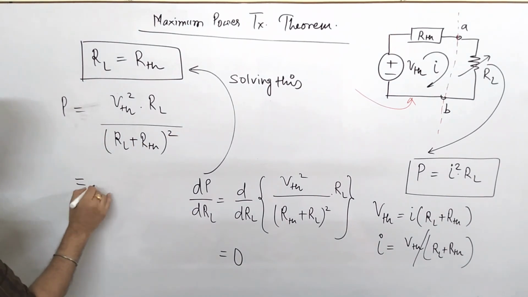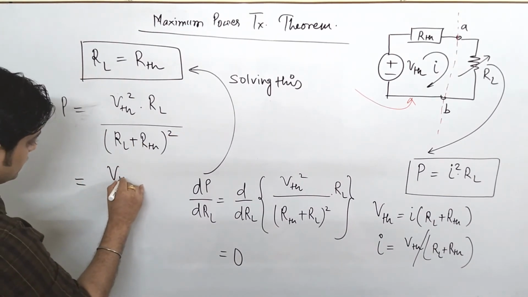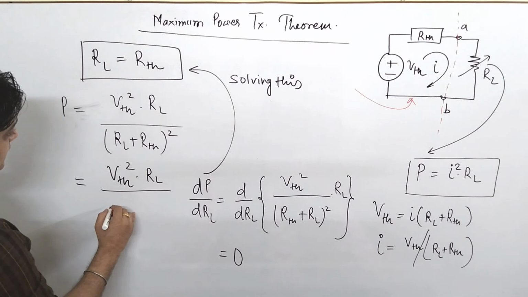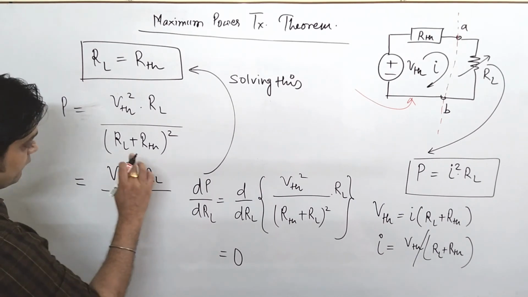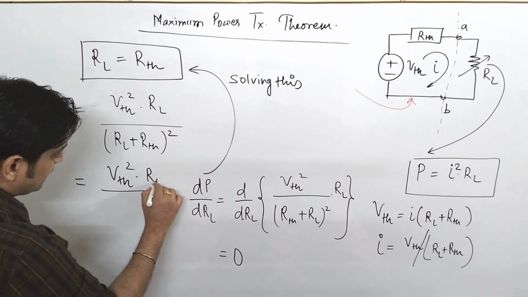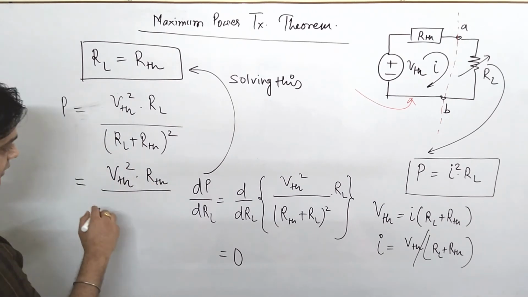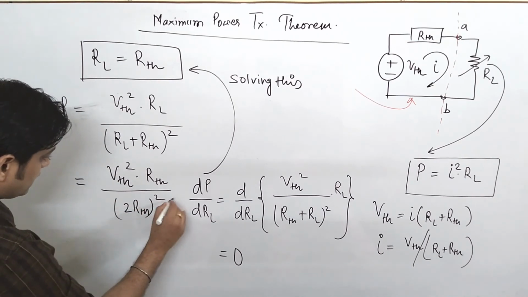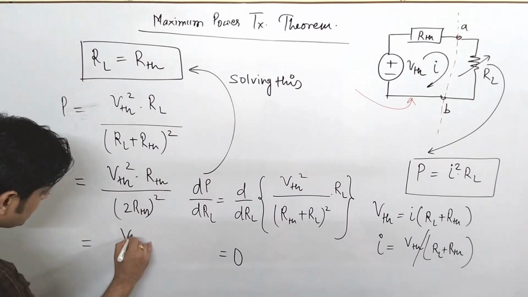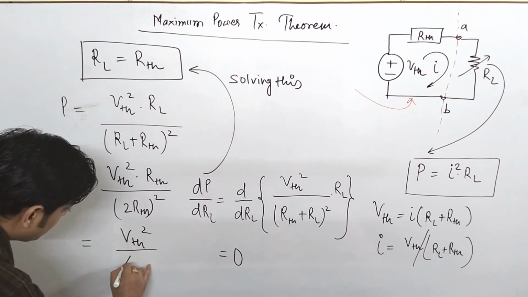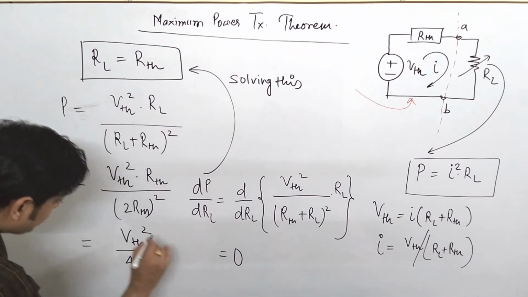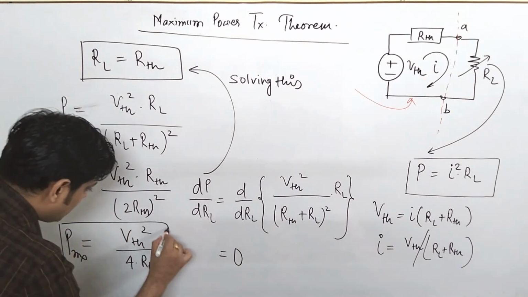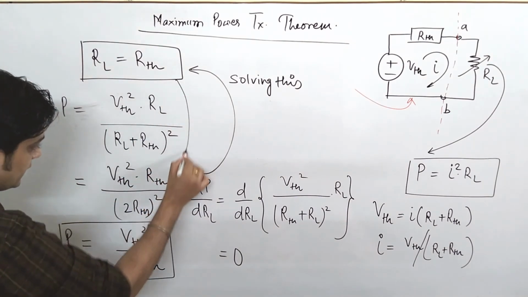Now if you put the value of RL as RTH, instead of RL I am writing RTH, because we have to find the condition for the load. So here it becomes twice RTH whole square, that is 4 RTH square, and finally it is VTH square upon 4 RTH. This power now becomes your maximum power when you put this condition here.